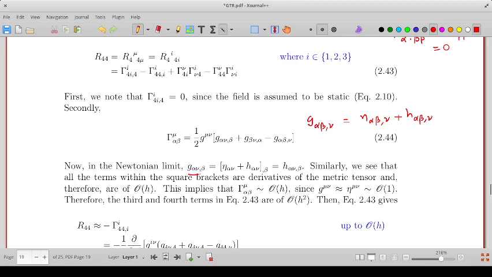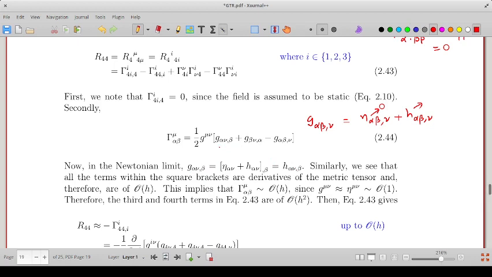Or in other words, g alpha nu comma beta is eta alpha nu comma beta plus h alpha nu comma beta. Now this quantity eta is simply the Minkowski metric, and that is constant in the inertial coordinate system, and therefore this will be 0. So the only term that remains is h alpha nu comma beta.